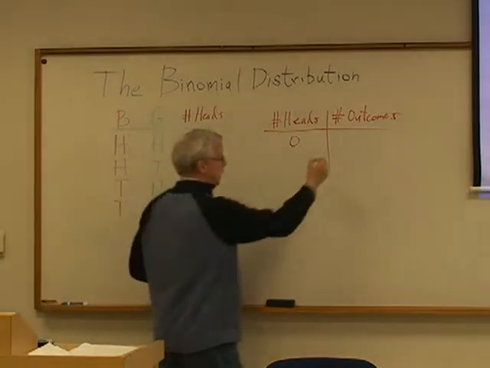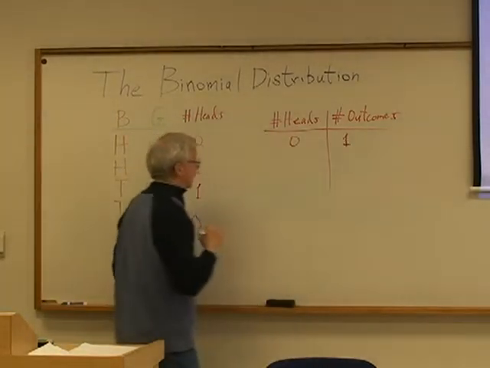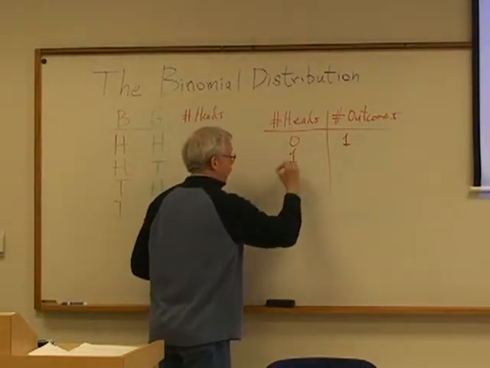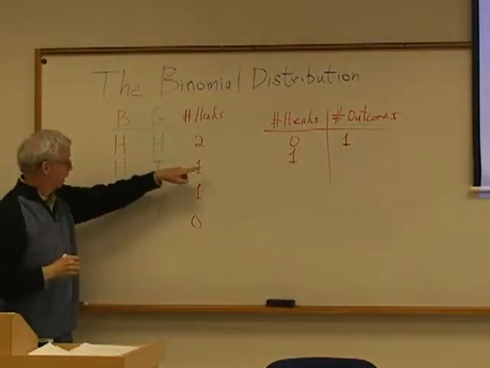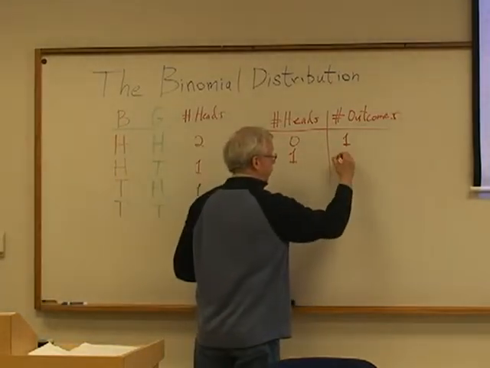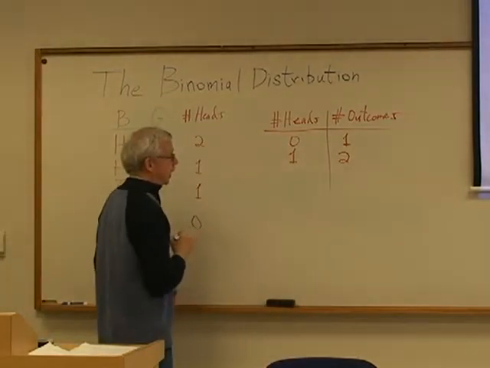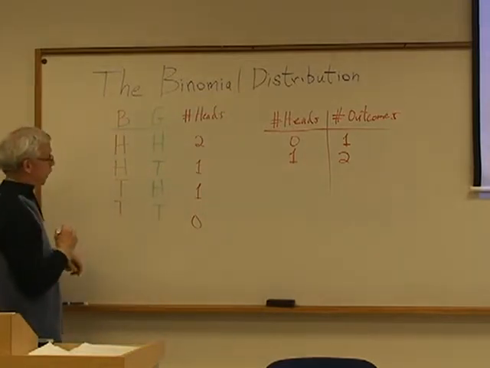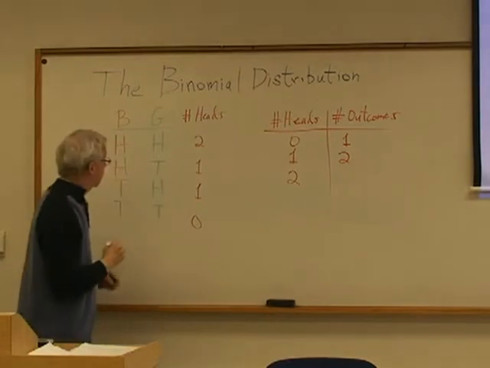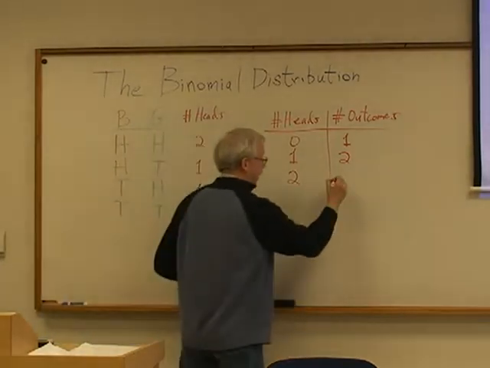Only one of those. If I ask for how many different patterns have one head, well, this result has one head, and this result has one head, so there's two different patterns that contain exactly one head. And of course, with two heads, that's the only other possible outcome. There's only one pattern that contains that.